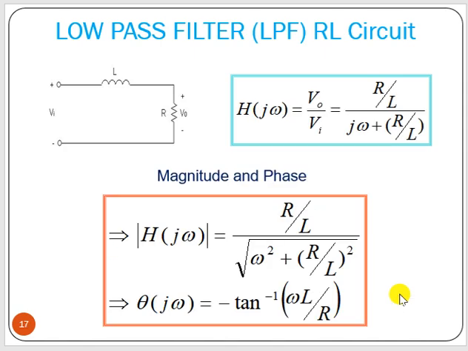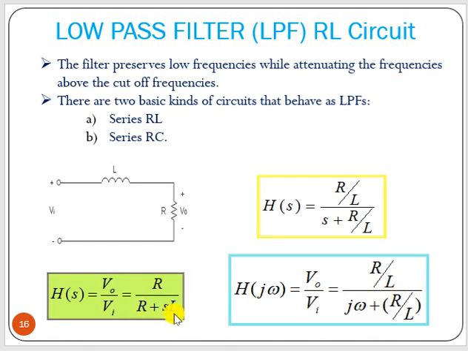Now, how do we find that this is nothing but a low pass filter? This is the expression of H(s). Consider the zero and the pole. Where is the location of the zero? The zero is at infinity. Let us see where the pole is. The pole is at S equal to minus R by L, and the zero is at infinity.